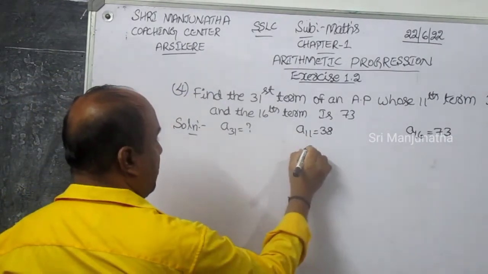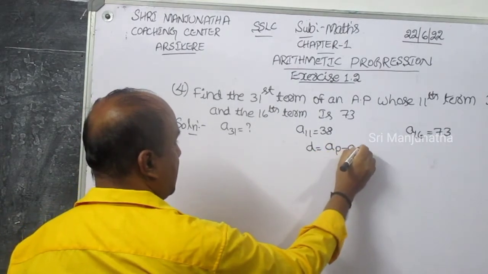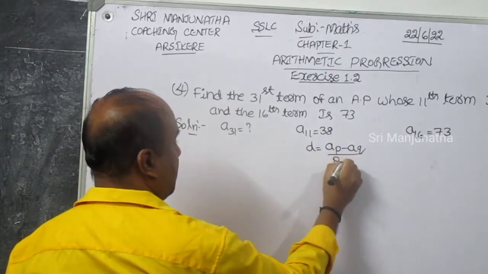The 11th term of an AP is 38 and the 16th term of an AP is 73. We have to apply a formula. That formula is D equals (AP minus AQ) divided by (P minus Q).